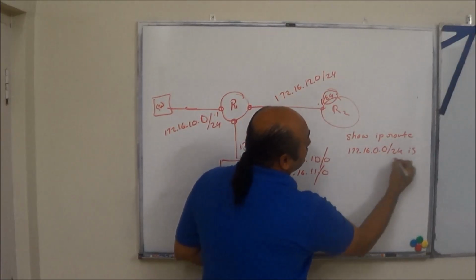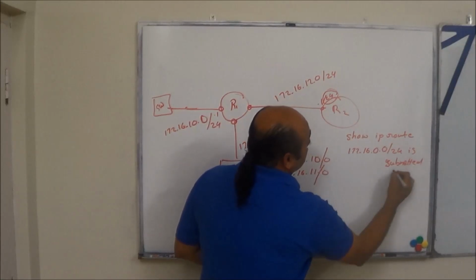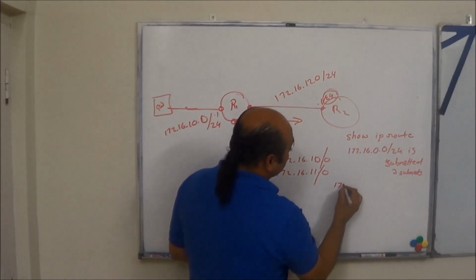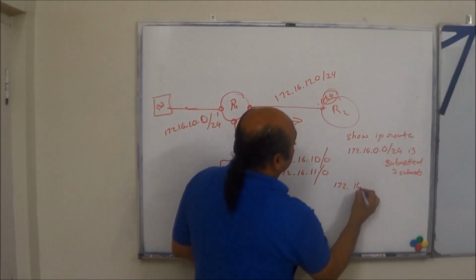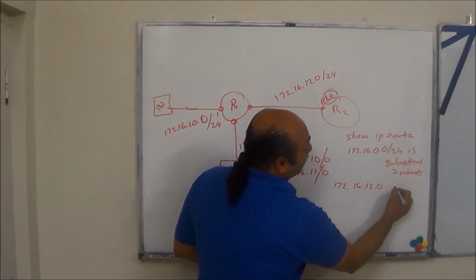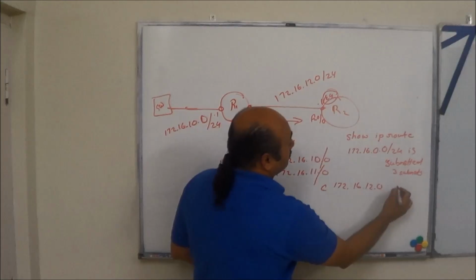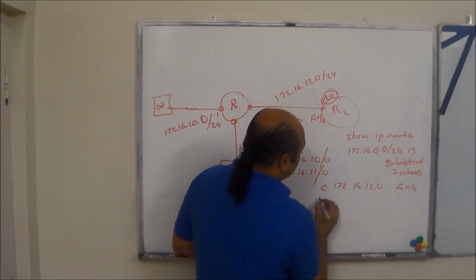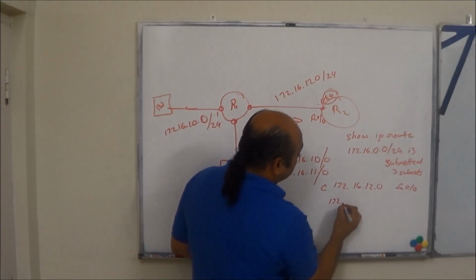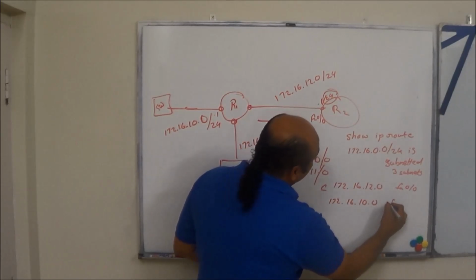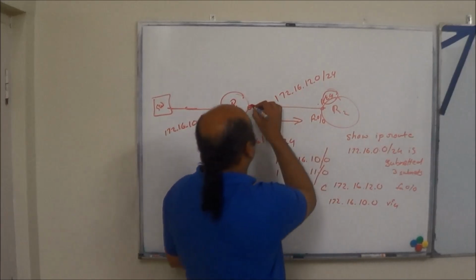172.16.0.0/24 is subnetted, 3 subnets. 172.16.12.0 directly connected, and whatever it is passing in 0/0. And then 172.16.10.0 via something, via this.